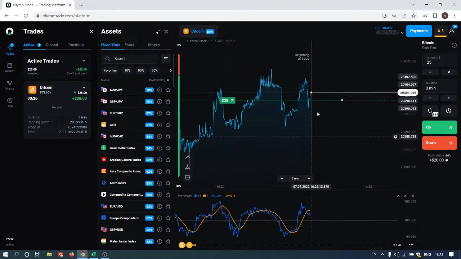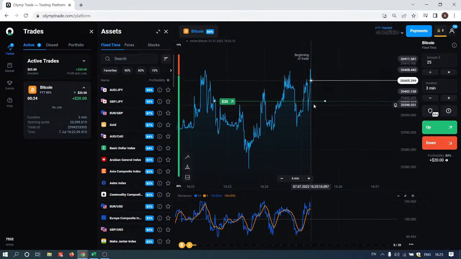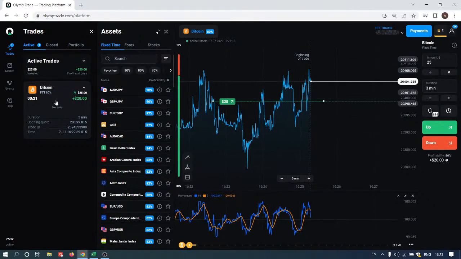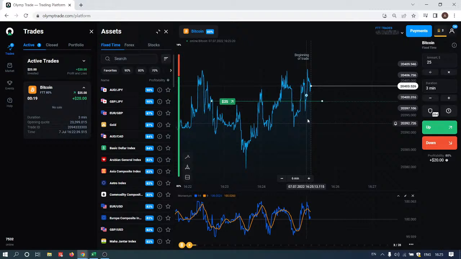Nice. So what about Bitcoin? So that was a trade in the upwards direction. So let's see. 20 seconds to go. And Bitcoin is very volatile.